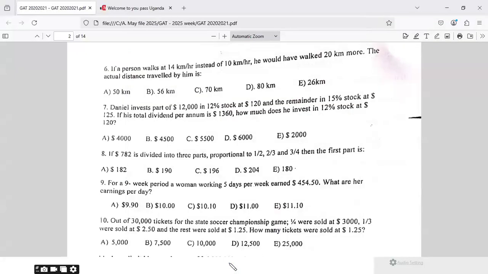So the question is saying that 14 kilometers per hour and then 10 kilometers per hour. So in this case, we need to know the time. Now, the time is what this person would have used to move 20 kilometers.